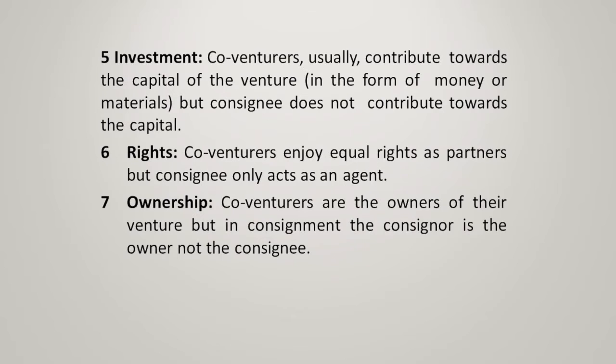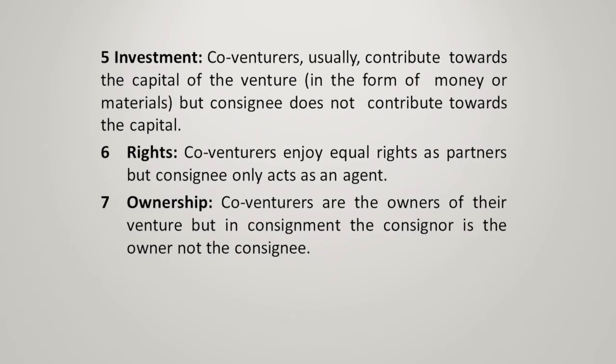Ownership. Co-venturers are owners of their venture. But in consignment, the consignor is the owner, not the consignee. So if the joint venture business is there, all the co-venturers are owners of the joint venture business. A, B, C, D all have ownership according to their proportion.